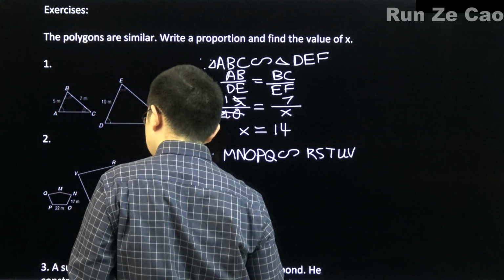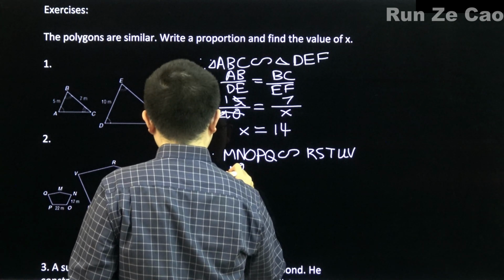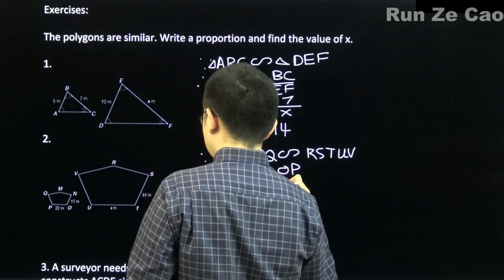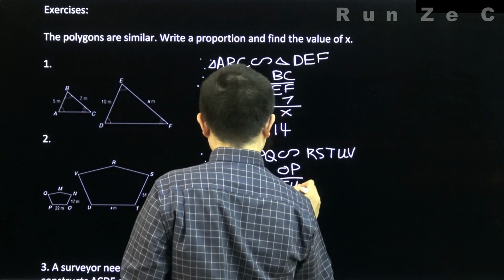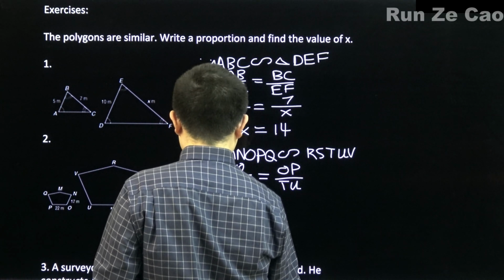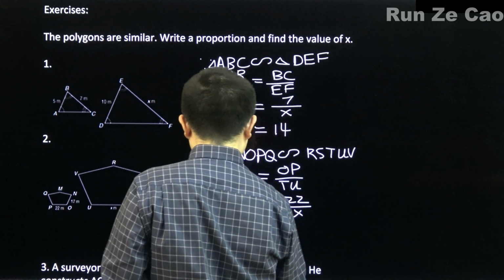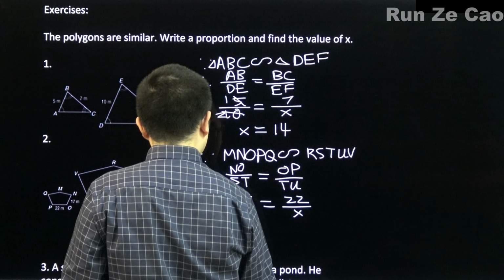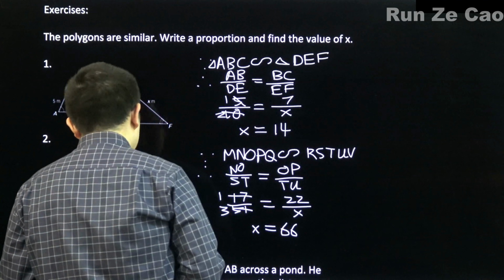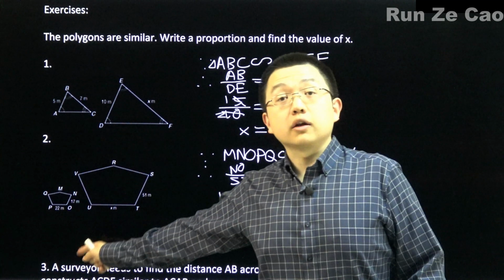Therefore, NO over ST is equal to OP over TU, and that's 17 over 51 is equal to 22 over x. This cancels to 1 over 3. Cross multiply and you get x equals 66. And it's not 66 meters because the meters unit is already marked here.